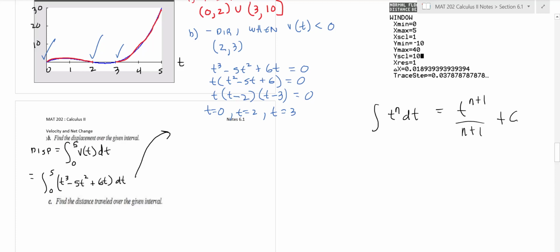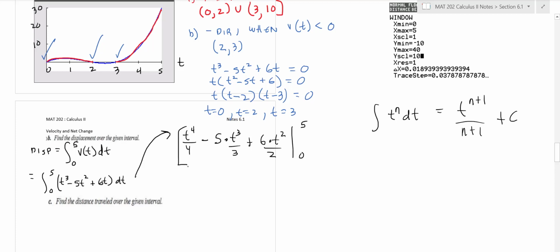Hopefully you got that down real easily. So the integral of t to the third is t to the fourth over 4 by the power rule. The next one would be 5 as a constant, and then that would be t to the third over 3. And then the integral of 6t, the constant, just write it down, that would be t to the second over 2. And then we're going to evaluate that from 0 to 5.